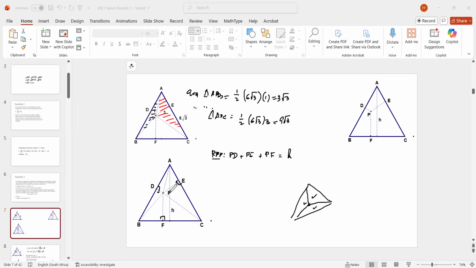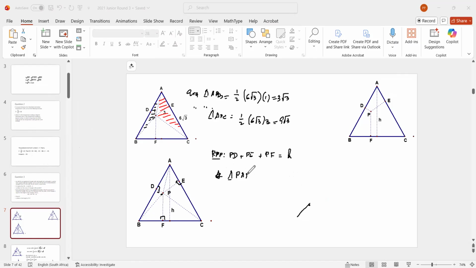And I'm going to work it from P. This is the point that we're talking about. So we're going to work out the sum of the three areas. I'm going to abuse notation. I'll put PAB.